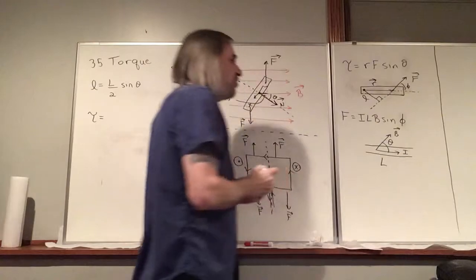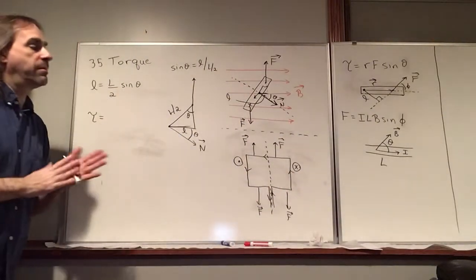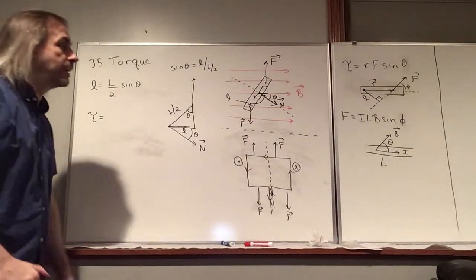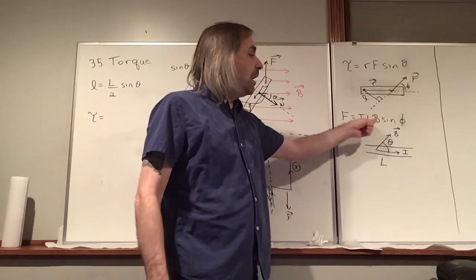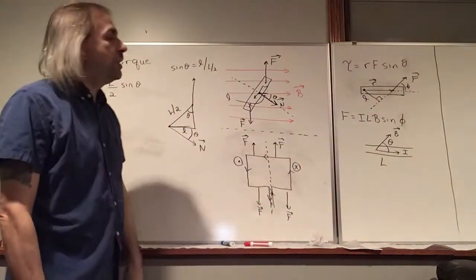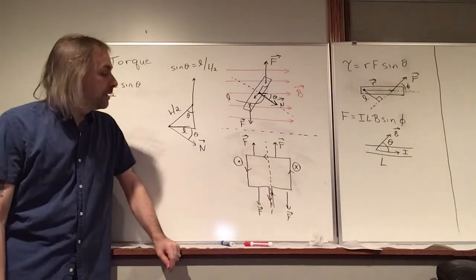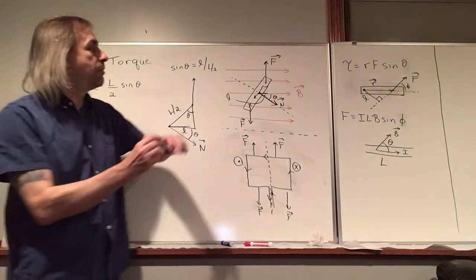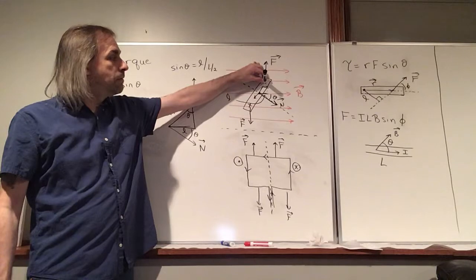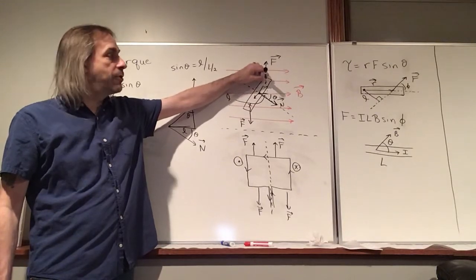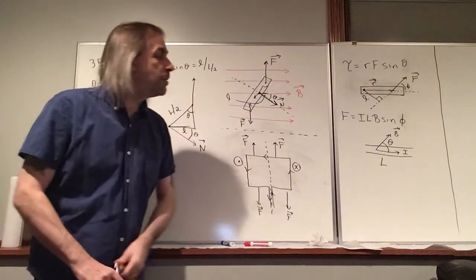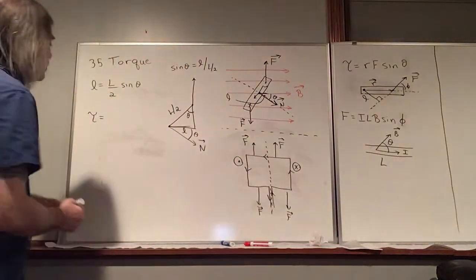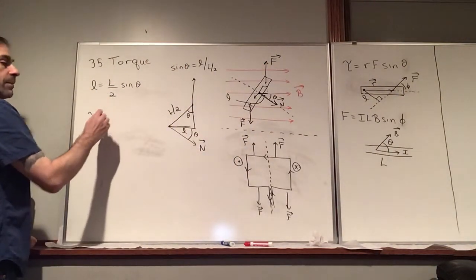So let's just change these angles. We're just calling them different things, so you can do that. Okay, so on this wire, we have to find the angle between the magnetic field and the current. And they're perpendicular to each other. So like here, the current's in this direction, magnetic field is in that direction, 90 degrees between them. So the force is just going to be ILB.